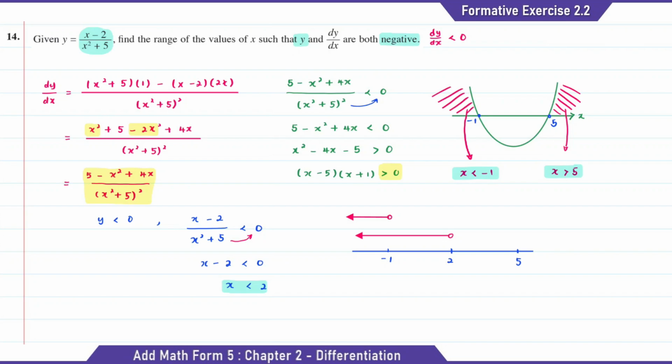And for the range x greater than 5, it will be on the right hand side of 5. Based on the diagram, the range of values of x that satisfies y and dy/dx being both negative will be here. Therefore, the final answer for the range will be x less than negative 1.